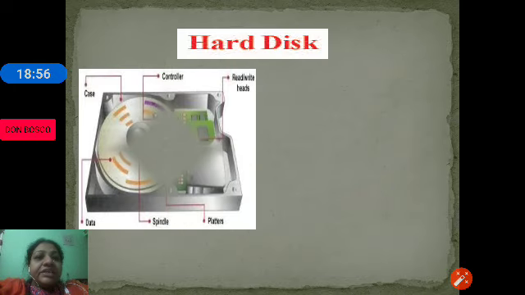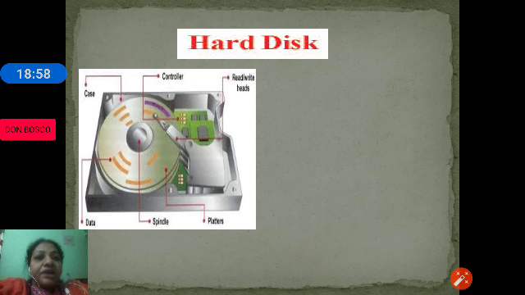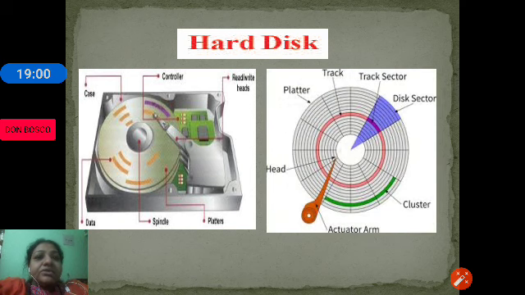Let us see the internal structure of the hard disk. You can see there are circular plate-like things called platters. Each platter is divided into a number of concentric circles called tracks, and the tracks are further divided into sectors.